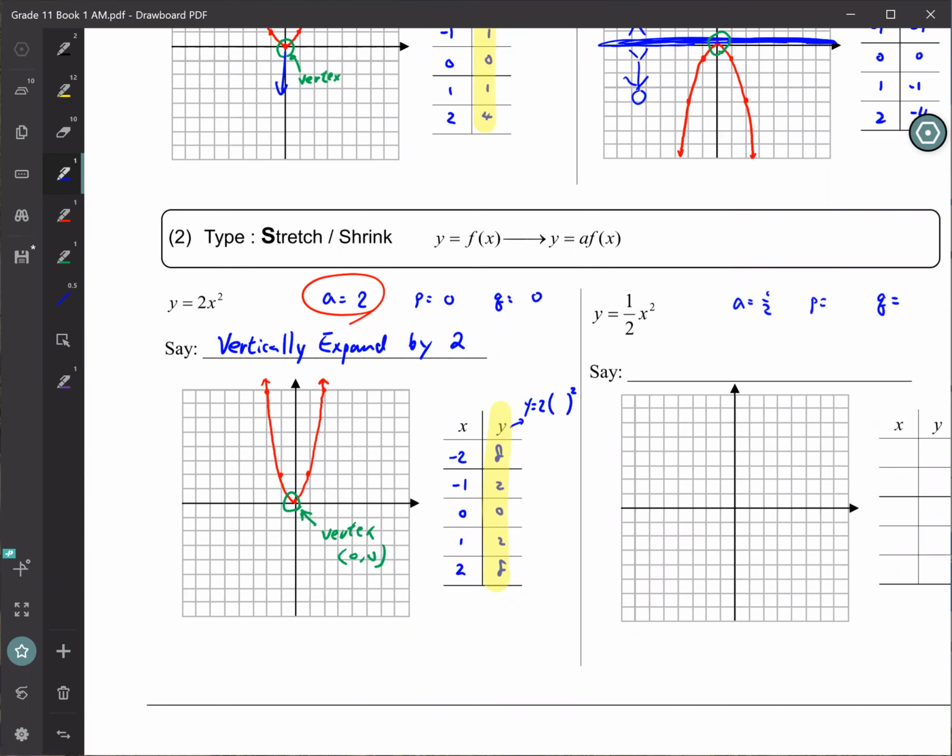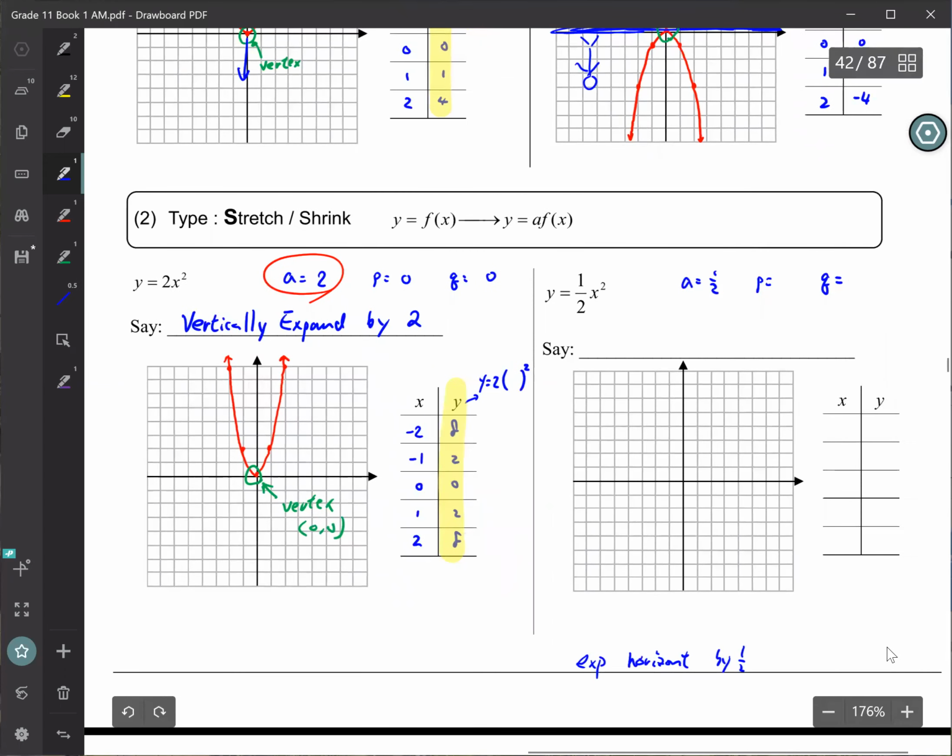Any volunteer? Expand horizontally by 1/2. Okay, expand. Let me write that down here: expand horizontally by 1/2. Okay, anyone else? Any other guess?